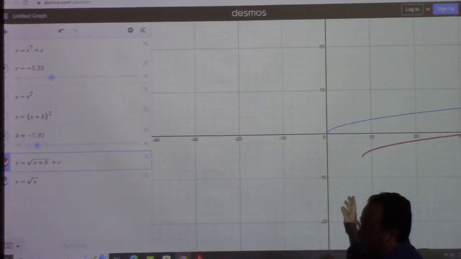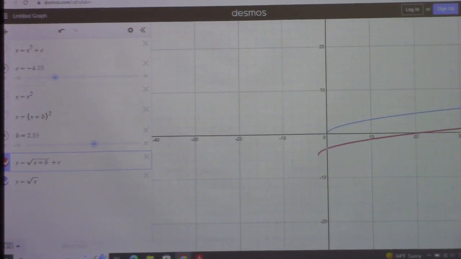See that? Let me focus here on a specific case. Like if I freeze b to be minus 5-ish. I'm trying to get it to 5. It's hard. It's fussy. Too far. All right, good enough. And if I shift c to be plus 5, see what happens?